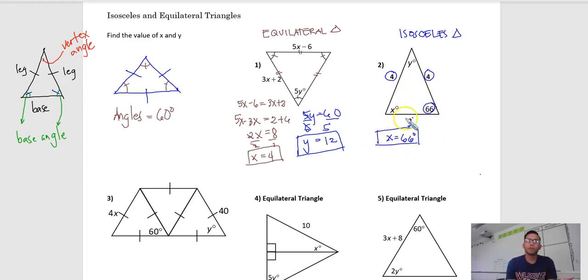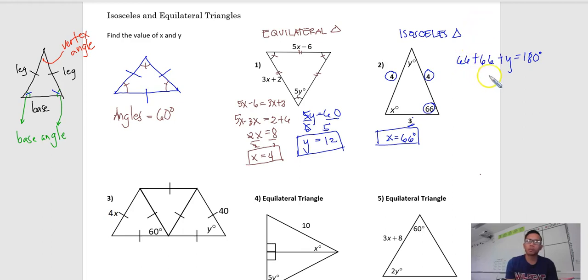Now, if both are 66, what will be our y? We can solve for y using the triangle angle sum. Do not forget that if you add all the angles inside your triangle, it's equivalent to 180 degrees. So the base angles are the same, which is 66 plus 66, and then I'm going to add y. That is equivalent to 180 degrees.